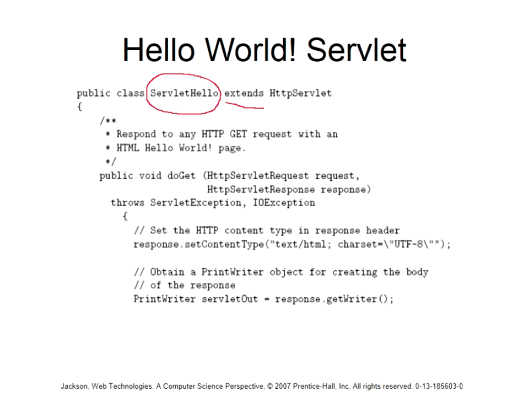So if we want to create a Java servlet, our class must extend HttpServlet. Is it clear? After that, we have to write public void doGet. So here doGet responds to any HTTP GET request.